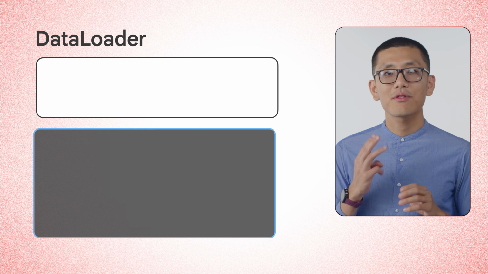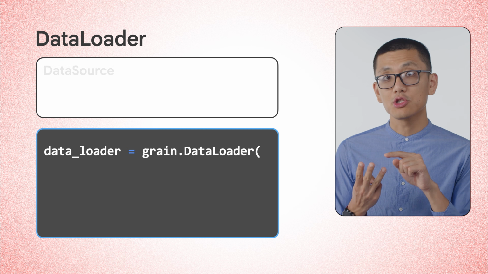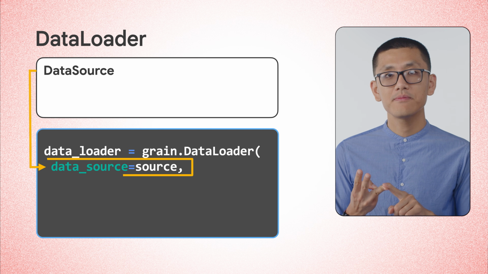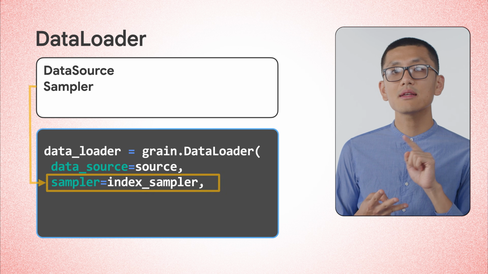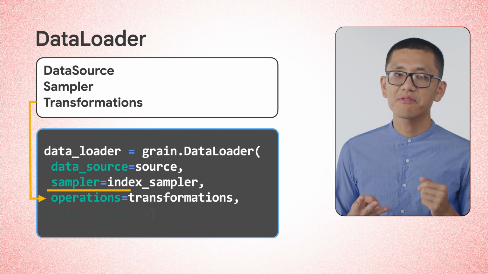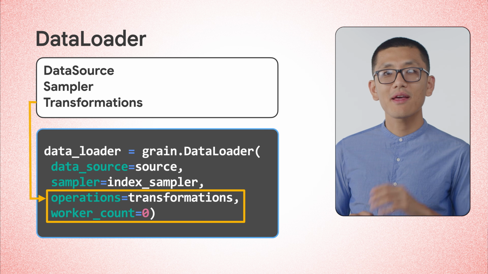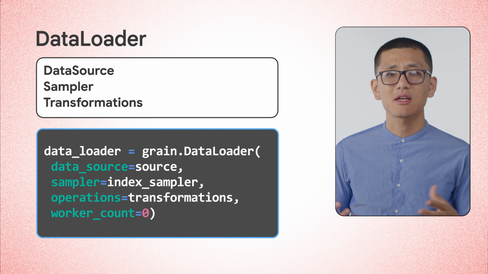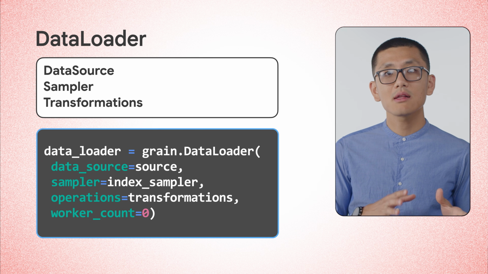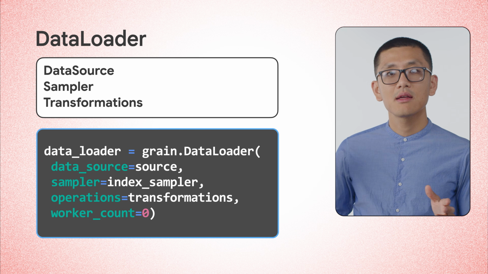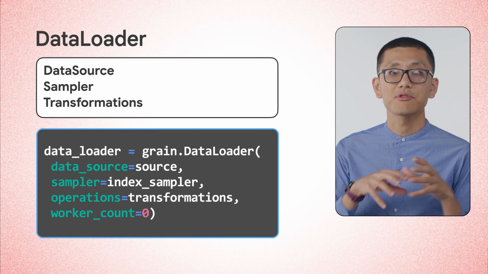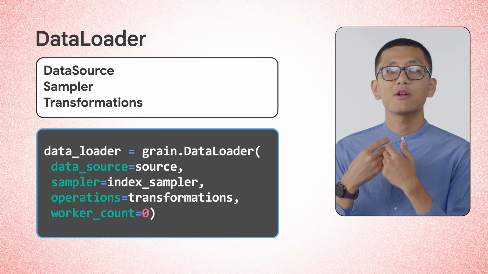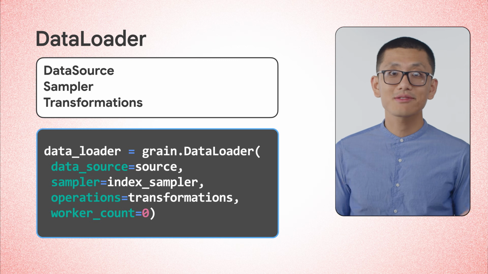DataLoader is a high-level API that pulls together three abstractions: a data source to read raw output, a sampler to define data ordering, and a sequence of transformations of your choice. The DataLoader then handles the launching and managing of child processes to parallelize the processing of input data, including things like sharding and shuffling, collecting output elements from those processes, and providing the final batched data for your model's consumption.